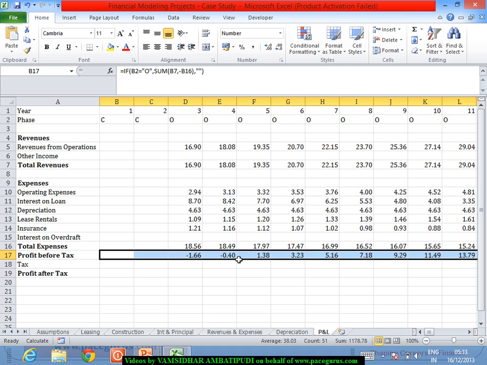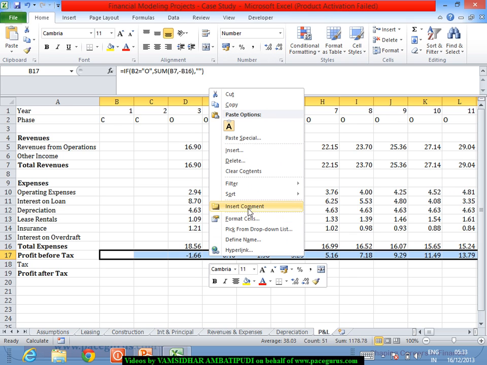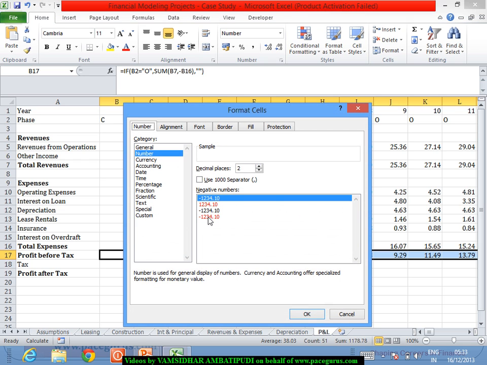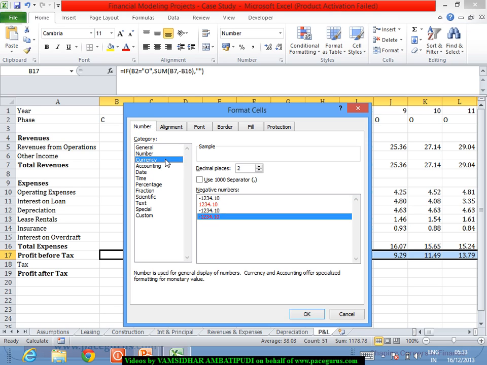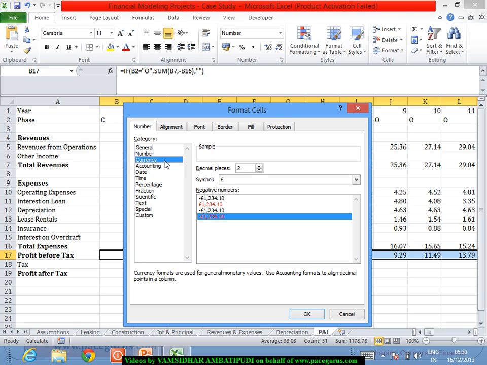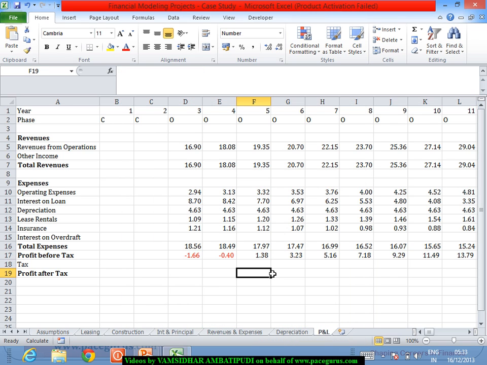And here also, to make the representation much better, wherever it is negative, I'll ask for the negative number to be represented in red, so that I can identify it quite comfortably.